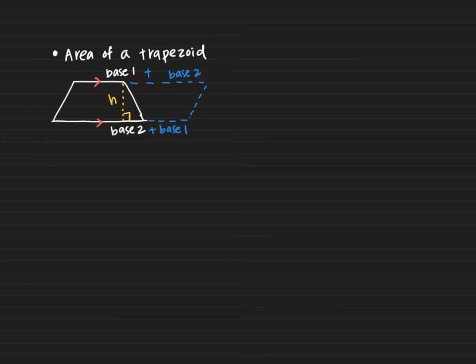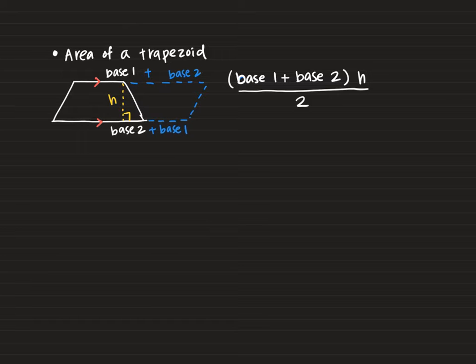And a parallelogram is the same thing for finding the base and height and multiplying them for the area. So you find the whole area of this parallelogram, and then because you only need half of it, you divide it by 2. So just use this equation and have it in your notes: base 1 plus base 2, times height, divided by 2. So that's going to be your equation.